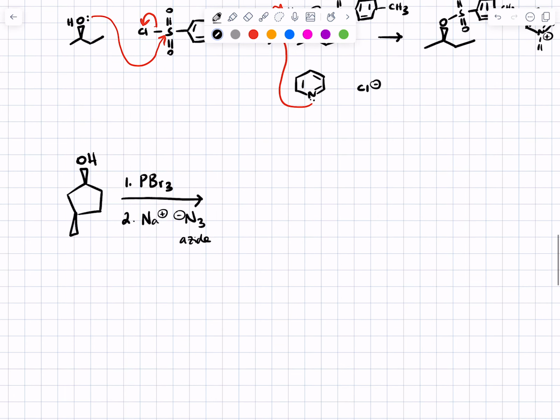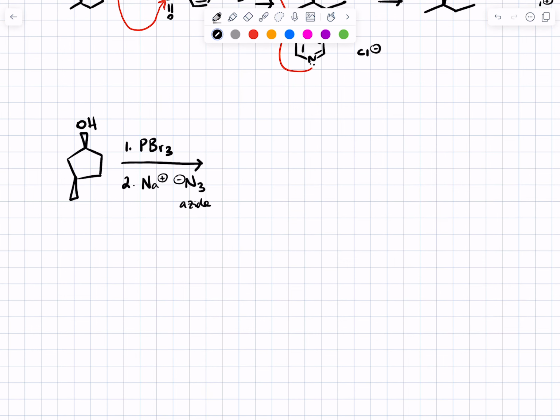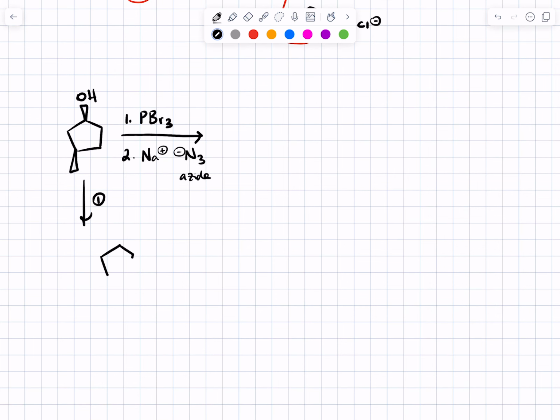After step one, step one is going to convert that OH into the bromide. What should the stereochemistry be at this carbon for the Br group? Dash or wedge? Dash, because we get inversion of configuration, right?